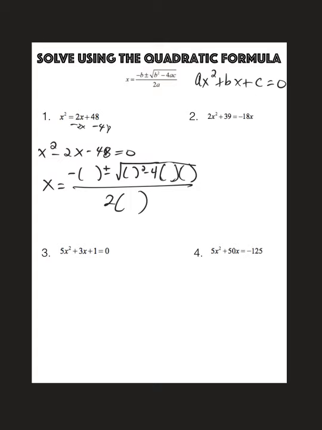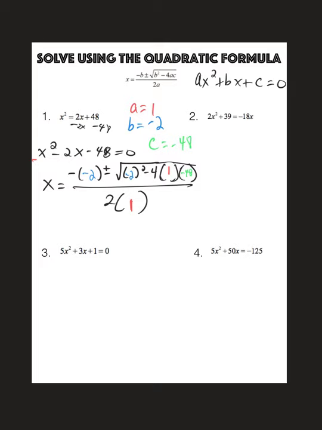If I were to look at this, a would be 1, because there's a 1 in front of the x squared. b would be -2 because there's -2 in front of the x, and c would be -48 because c is the constant, and that is -48. Anywhere in my formula that I see a, I'm going to plug in a 1. That is right here and right here. Anywhere in my formula that I see a b, I'm plugging in -2. So that happens here and here. And then anywhere in my formula that there's a c, I'm going to plug in a -48.